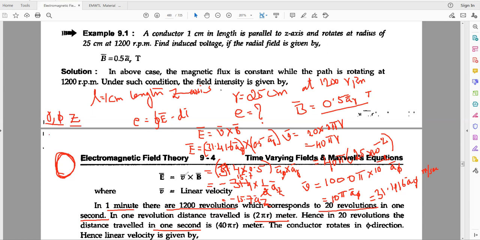We got E bar. We need to find the induced voltage. What is the induced voltage?